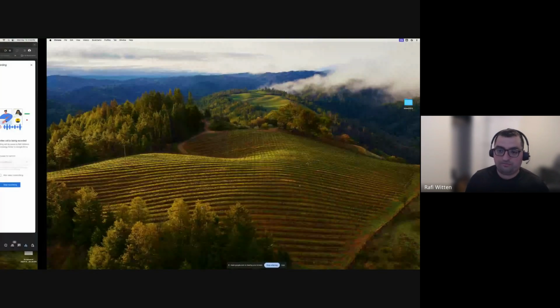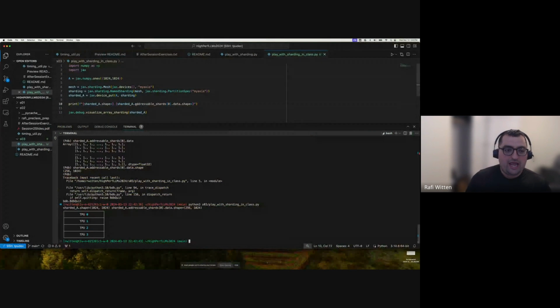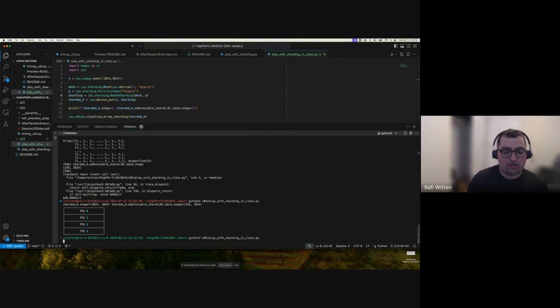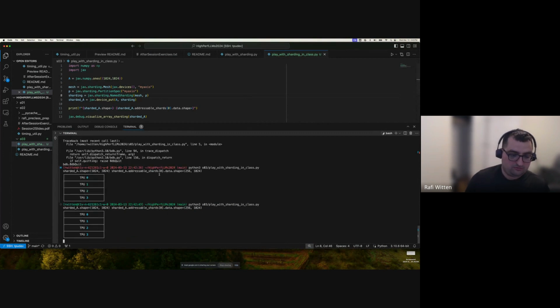Cool. So to answer the question here, because it's actually a very important line of code, we can give it its own line, key spec, let's call it P for short. And if we just run it like this, okay, we sharded over the rows. Perfect.